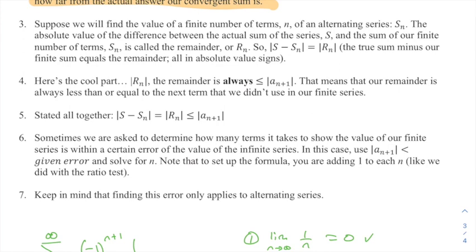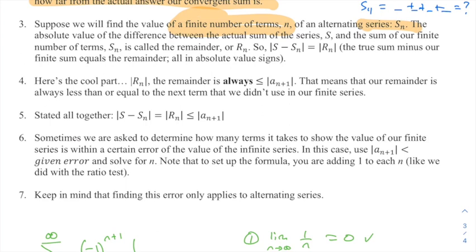So let's keep reading. Suppose we find the value of a finite number of terms of an alternating series. So maybe I would say S of 4 means we're going to add up the first 4 terms of this alternating series. Whatever that adds up to is going to equal some number.